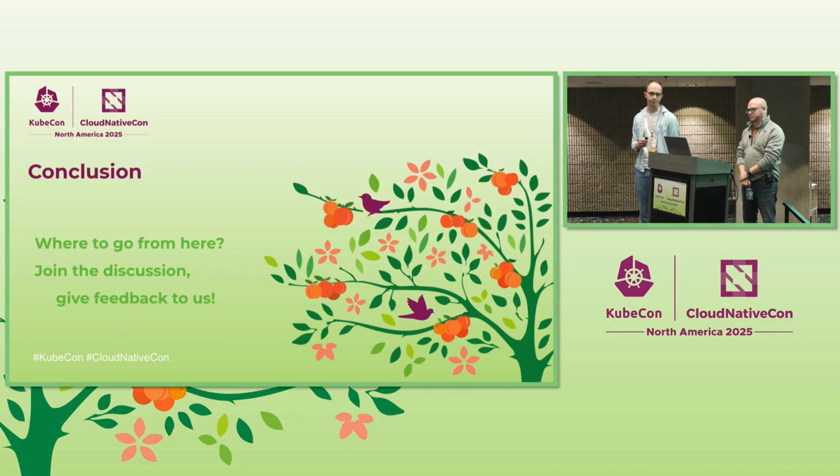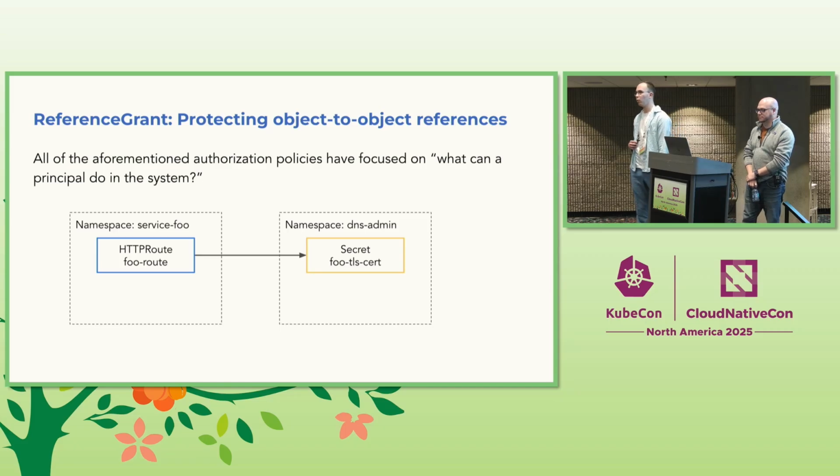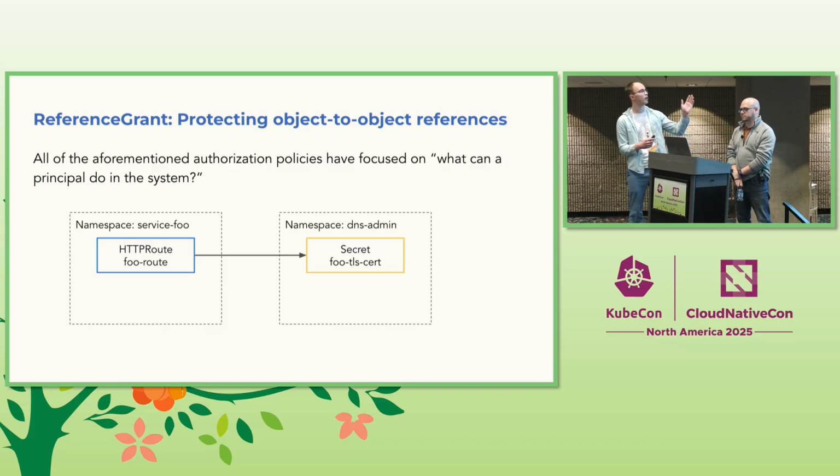So to conclude, where to go from here? One of the things that we can build on top is, hopefully, reference grant. One of the interesting problems in Kubernetes is that you have references across trust domains. For example, an HTTP route would refer to a secret in another namespace.